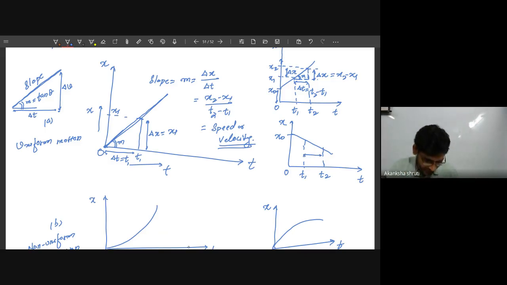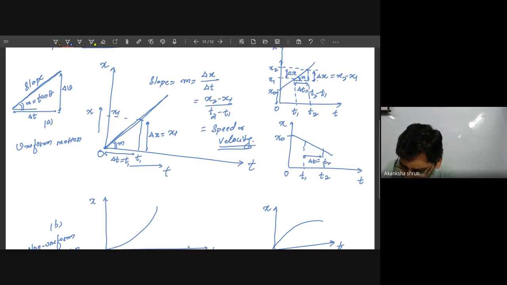Okay, so in this case, what is the time interval? I have taken the first case for the third type, where the slope is downward. So the time interval delta t is calculated by t2 minus t1. But what is the change in the vertical axis?